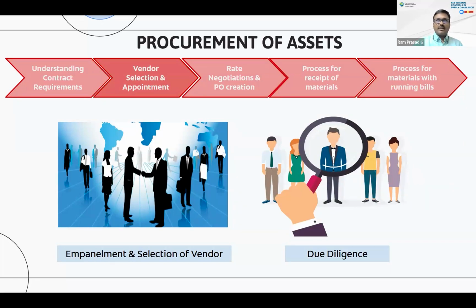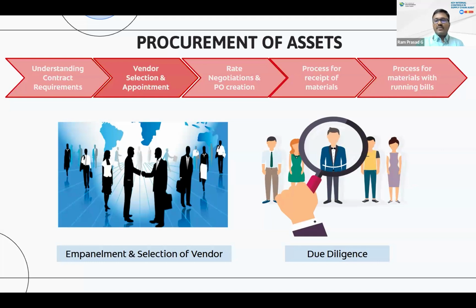This is in terms of their capability and expertise in that particular field. Another key aspect here is due diligence. Some of the bigger organizations give higher weightage to due diligence, whether this particular company has any criminal records or has violated any laws in the past. Entering into a relationship with a vendor who has a darker past can also have an impact on your timelines and the delivery of your goals.